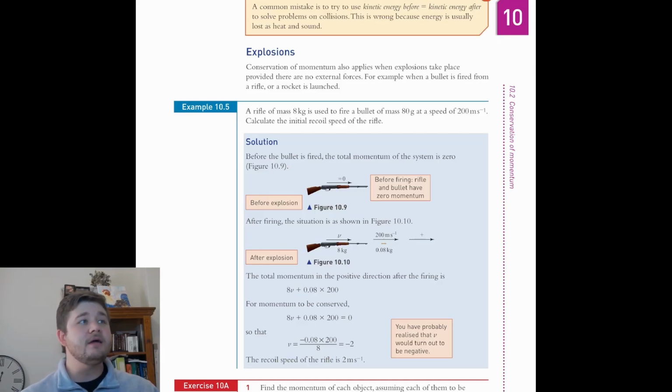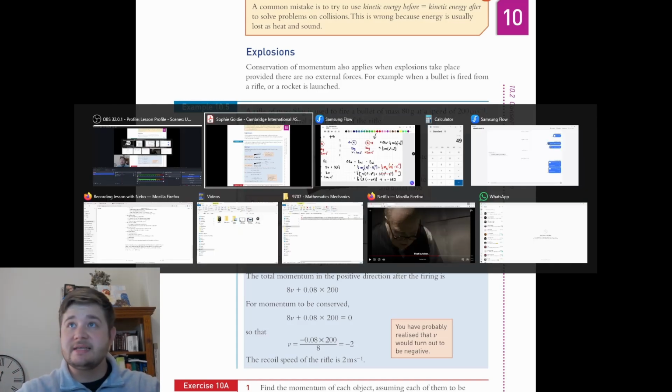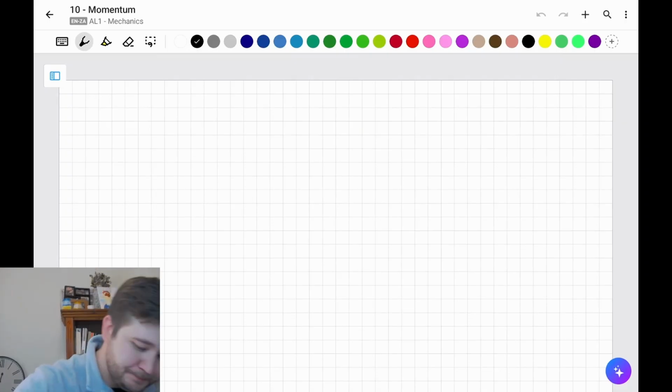The gun's not moving, so the bullet and the rifle both have zero momentum. Therefore, we need to find our momentum afterwards and set that equal to zero. Therefore, the momentum of the bullet should equal the momentum of the gun. If that doesn't make sense, let me show you what I mean.